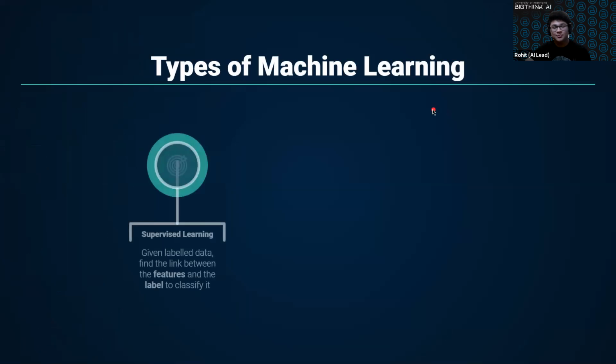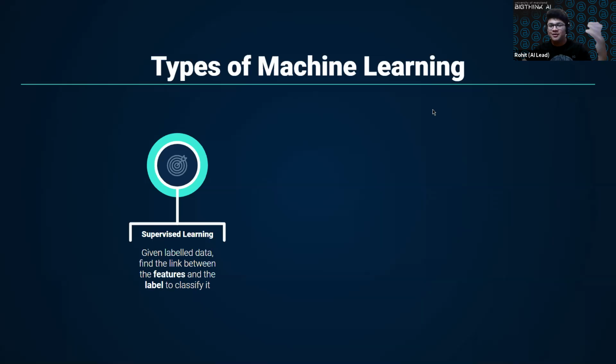There are three broad types of machine learning. One is supervised learning, meaning we are given a whole set of data and we are trying to identify the link between what we call the features of that data and the label. We get a bunch of information about someone's demographics, and we try to estimate how risky they are in terms of paying back credit.